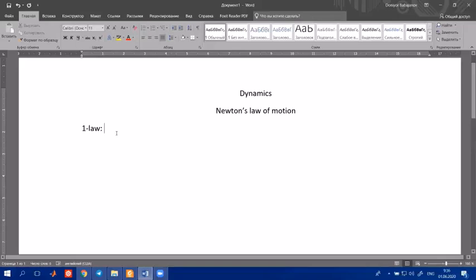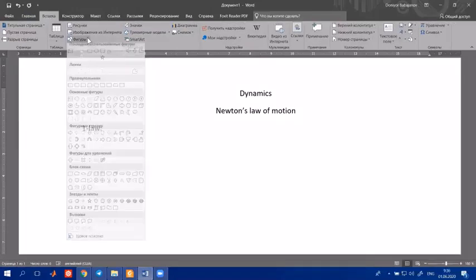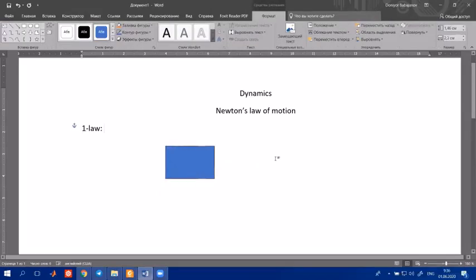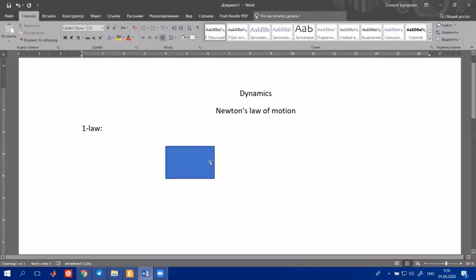So imagine that we have a body and no forces acting on that body, or the forces acting on that body are compensated. For example, if several forces act on the body, but their vector sum is 0, then this body will remain stationary or move with constant speed.